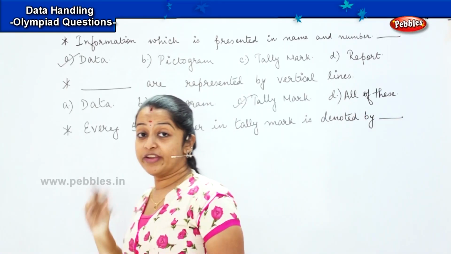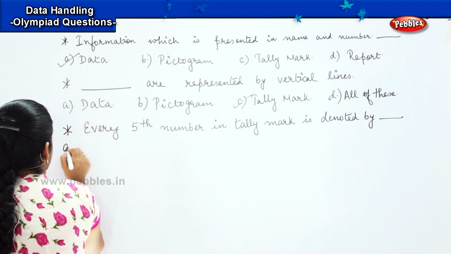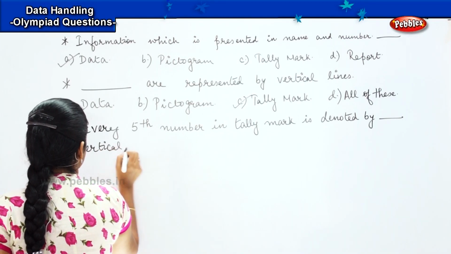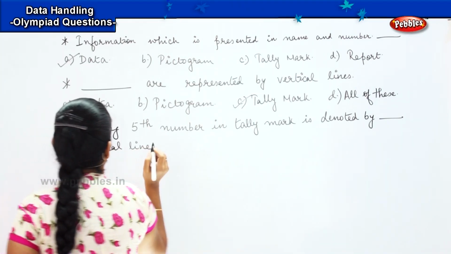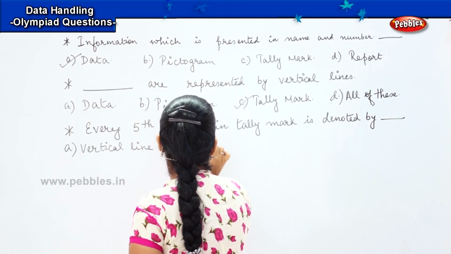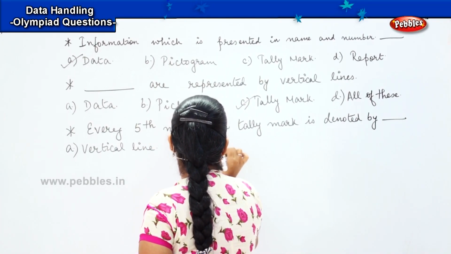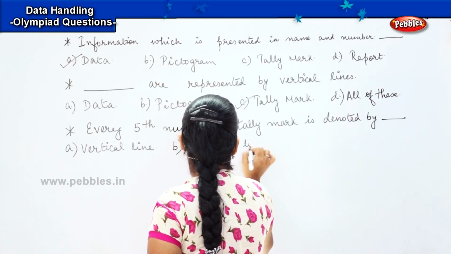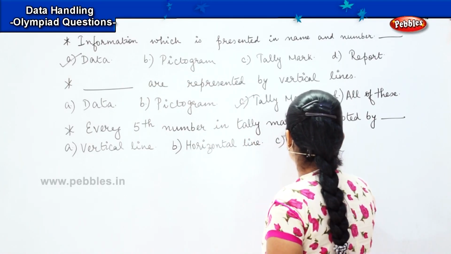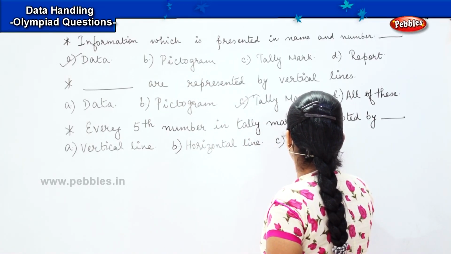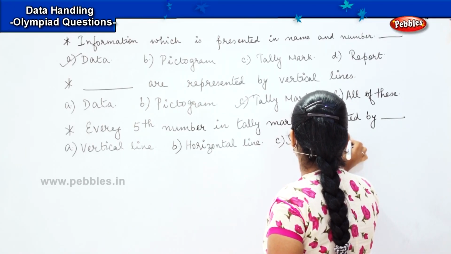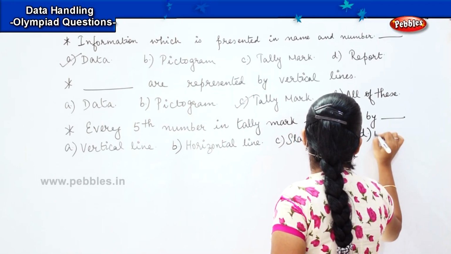Okay, so every fifth line, remember. Okay, and your options are A, vertical line, option B is horizontal line, option C is slanting line, and option D is none of these.